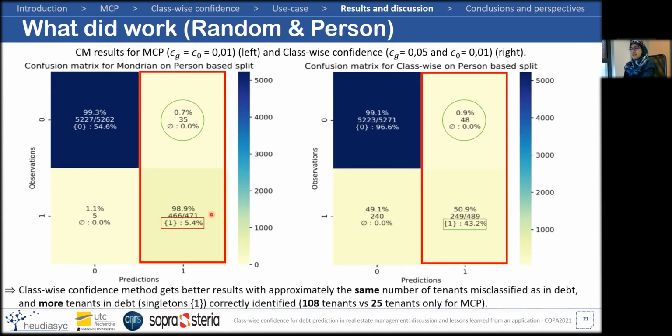But if we look at this cell, as I said, we have very few singletons, whereas here, even if we have just 50% that are correct, we have a very high percentage of singletons. So if we compare the numbers, we have 108 tenants that are correctly identified here, and only 25 in this case. So here we can see the improvement that our class-wise approach gives us in this application.